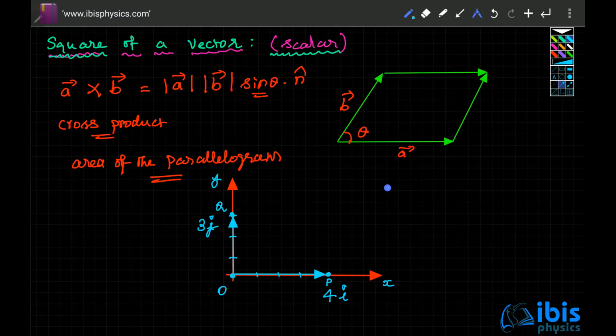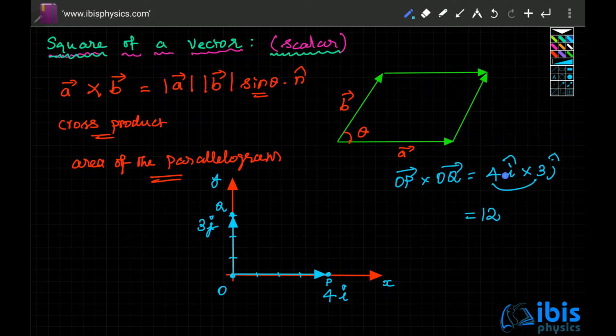So OP vector cross OQ vector is 4i cap cross 3j cap. 4 into 3, which is 12, into i cross j.